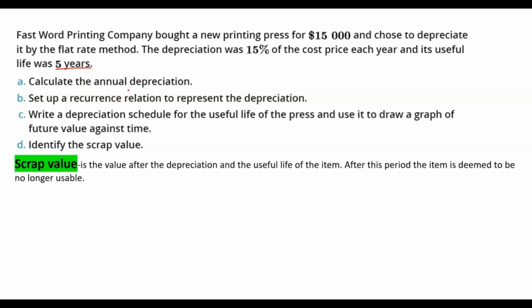Calculate the annual depreciation, how much it is depreciating each year. So that is the D value. D equals R over 100 times V naught. V naught is the amount that it cost at the beginning, the initial cost.